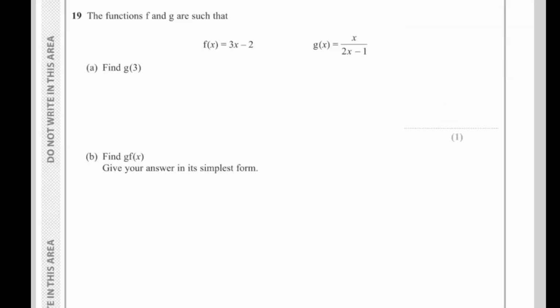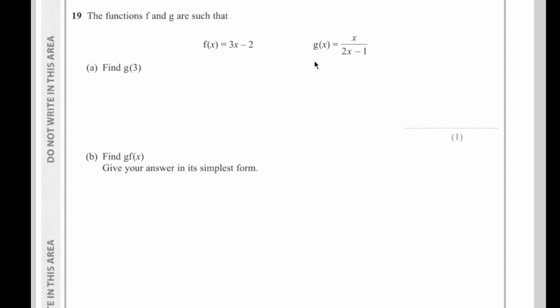Question 19, functions. The functions f and g are such that f of x equals 3x minus 2, g of x equals x over 2x minus 1. Find g of 3. The meaning of this is you have to go to g of x and replace all the x's with 3.